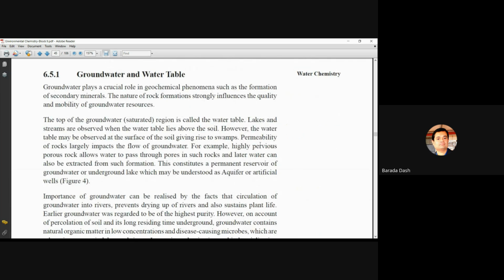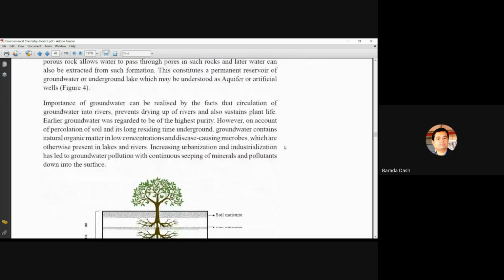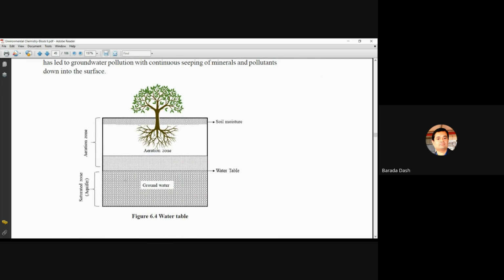So next is groundwater and water table. Groundwater plays a crucial role in geochemical phenomena such as formation of sediment and secondary minerals. The nature of rock formation strongly influences the quality and mobility of groundwater resources. If you go down the ground, there is a saturated zone, or aquifers, where groundwater is stored.